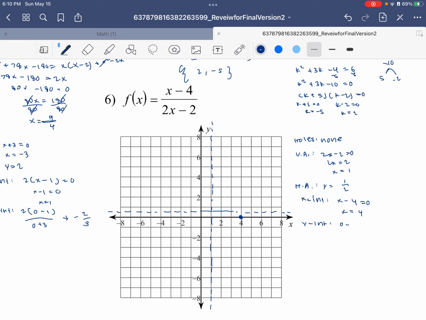So we're replacing x in our equation with 0. Two times 0 is 0, minus 2 is minus 2. So you're left with 2, which is your y-intercept.